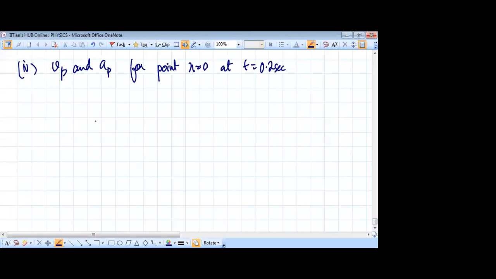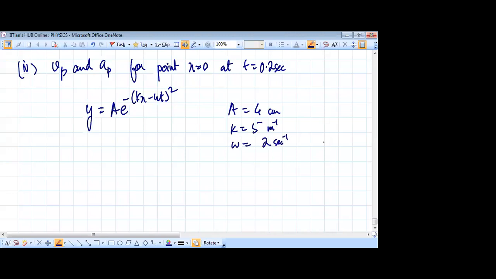Okay. So we had this function, where A we saw was 4 centimeters in this case. K was 5 meters inverse, and omega was 2 second inverse.